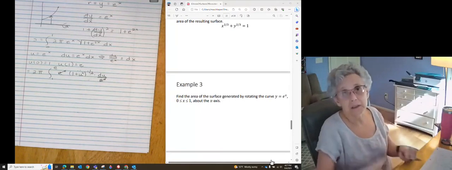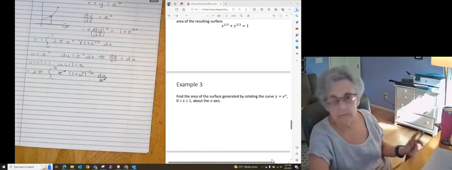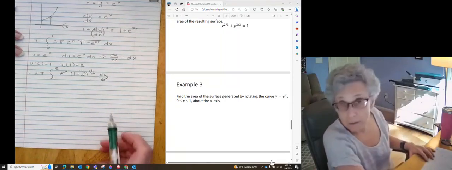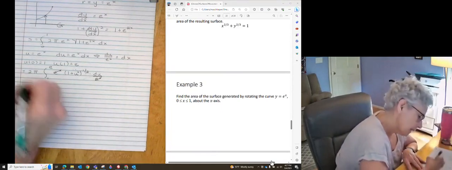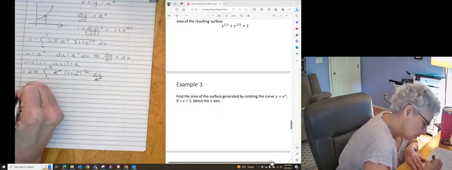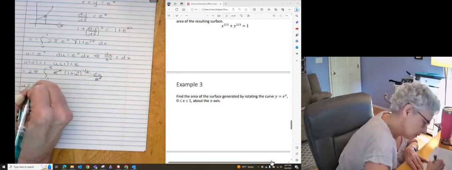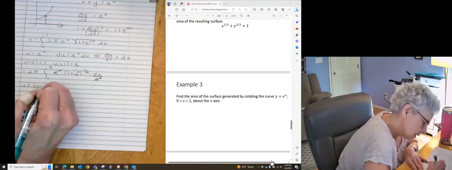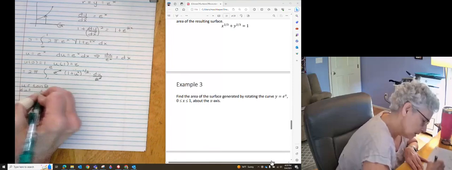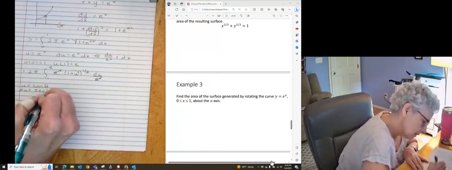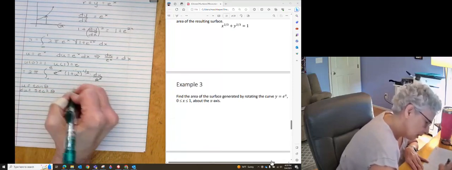Now that's something I'm going to need trig substitution for. So this one's a lot of skills in one problem. So u is equal to tan theta. du is equal to secant squared of theta.